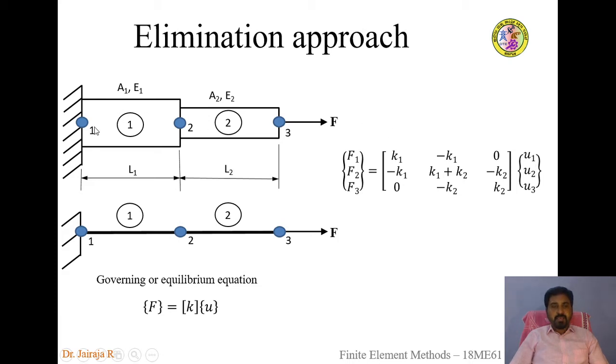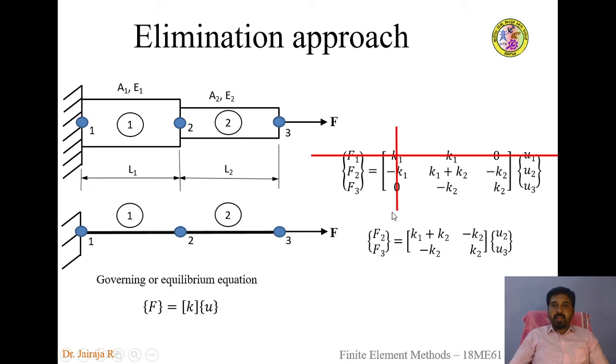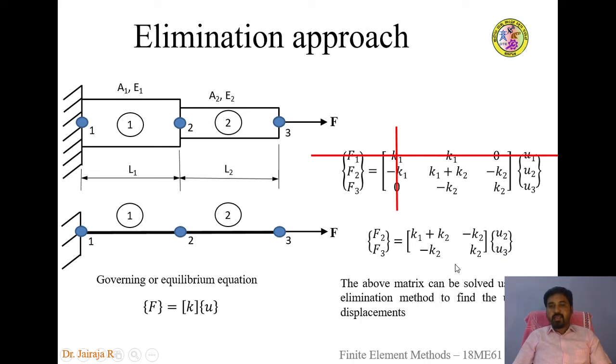Now since node 1 is fully fixed, according to the elimination approach, the entire row 1 and column 1 can be eliminated, and the remaining reduced matrix is F2, F3 equal to K1 plus K2, minus K2, minus K2, K2 times U2, U3, which can be obtained by applying the Gauss elimination method.